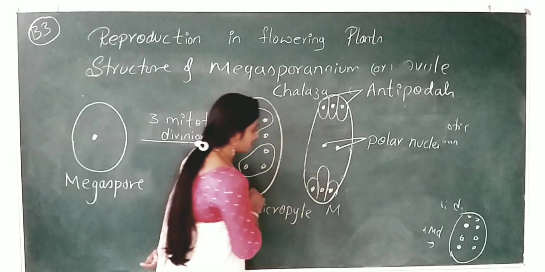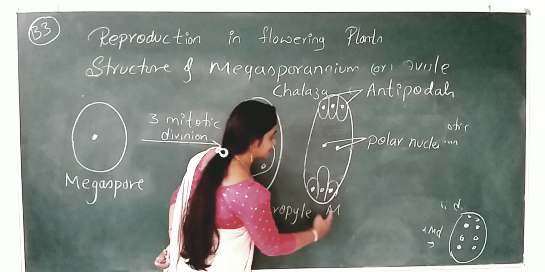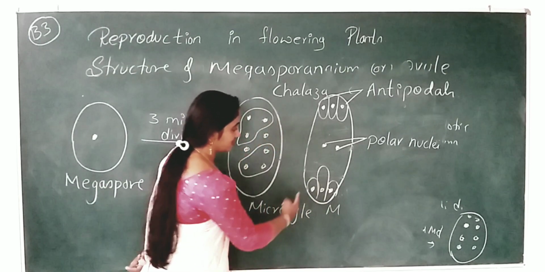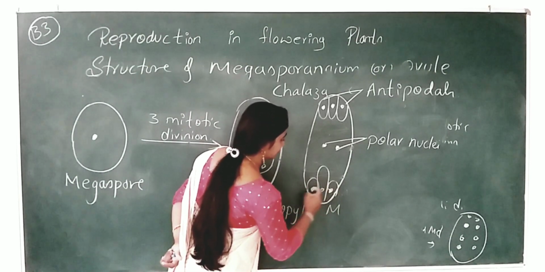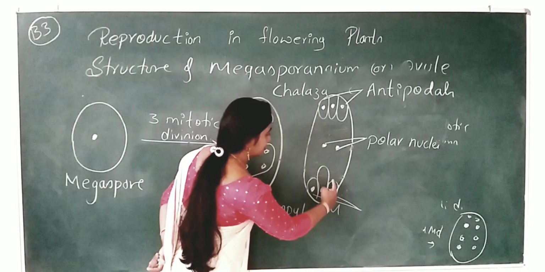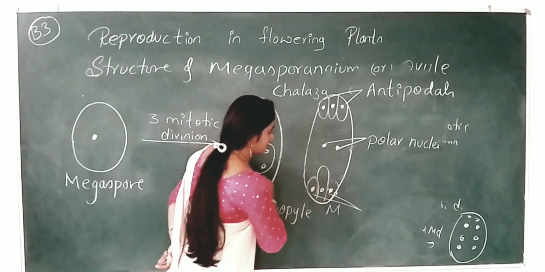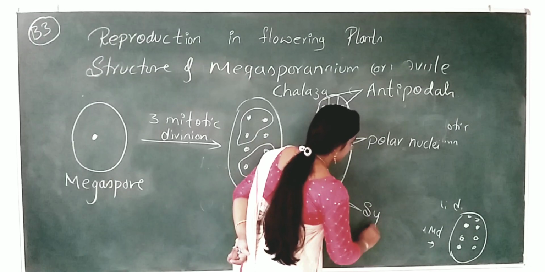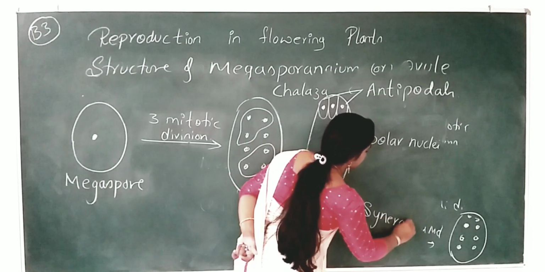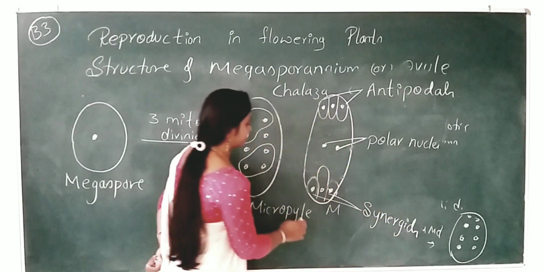And concentrate here. This end is known as the micropylar end. These 2, I am writing side by side here. These 2 cells are known as synergids. In the book they have given it like this.